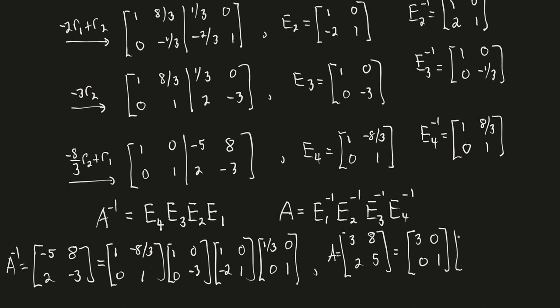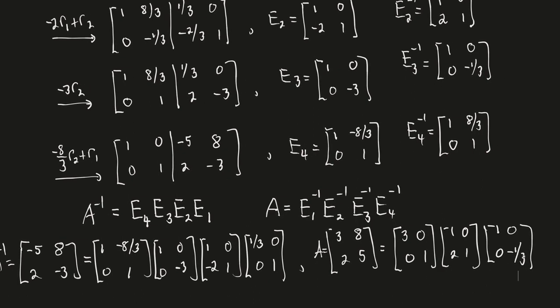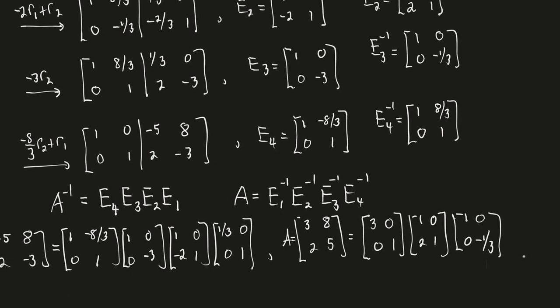E2 inverse is 1, 0, 2, 1. E3 inverse is 1, 0, 0, -1/3. And then finally, let's get a little bit more room. E4 inverse is 1, 8/3, 0, 1, right? So that's our factorization of matrix A.